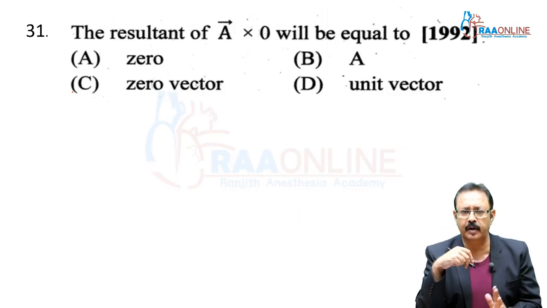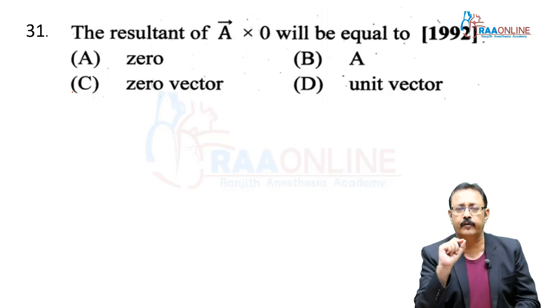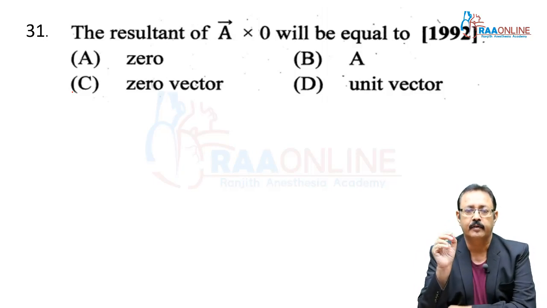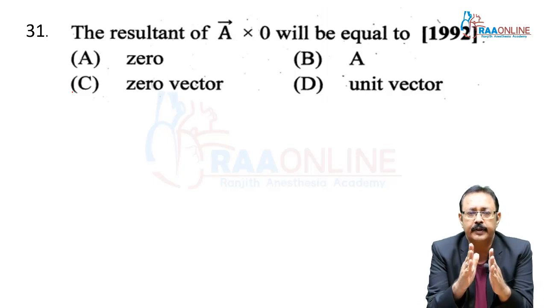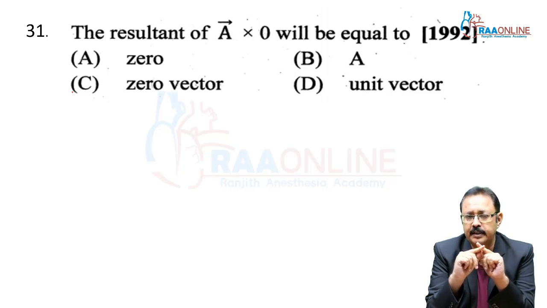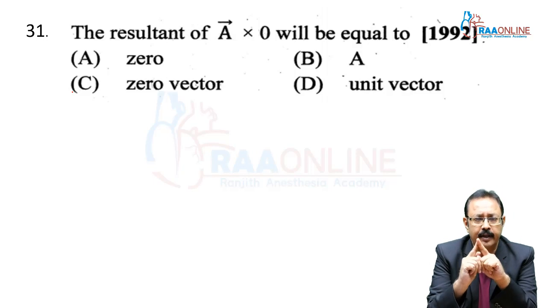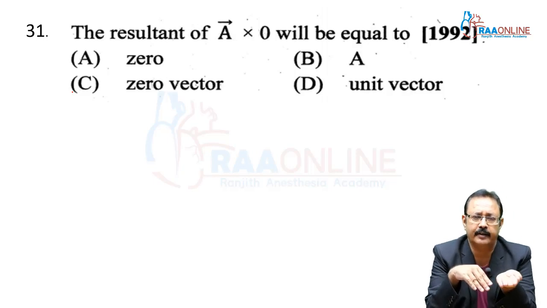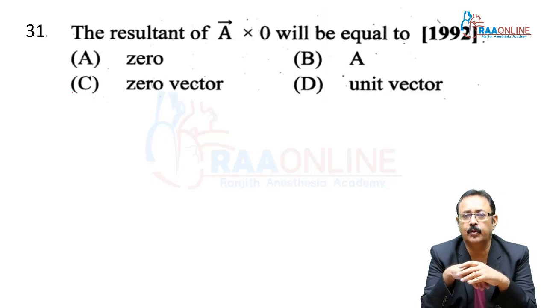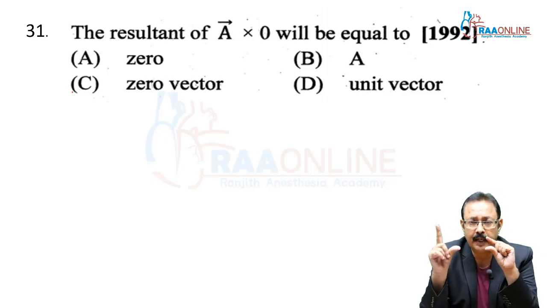So the problem was very simple, only a conceptual problem. The resultant of vector A into 0 will be equal to, remember always, when you are multiplying a vector with a scalar, any scalar, it will not change the direction of the vector if it is a positive scalar. If it is a negative scalar, it will just reverse the vector. And what other thing will it do? It will increase the magnitude by that many times.